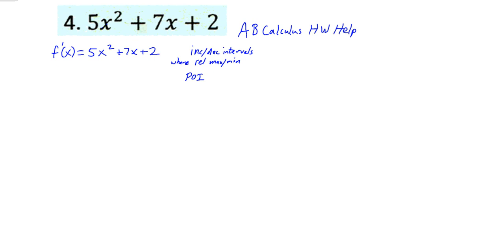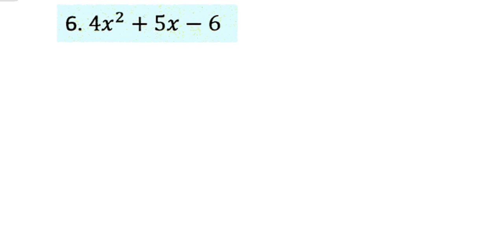But in this exercise, I'm going to actually do problem 6, which is similar to the others. So 4, 5, 6, and 7. So I'm going to say f prime of x is equal to 4x squared plus 5x minus 6. And then find the various things that I previously mentioned.